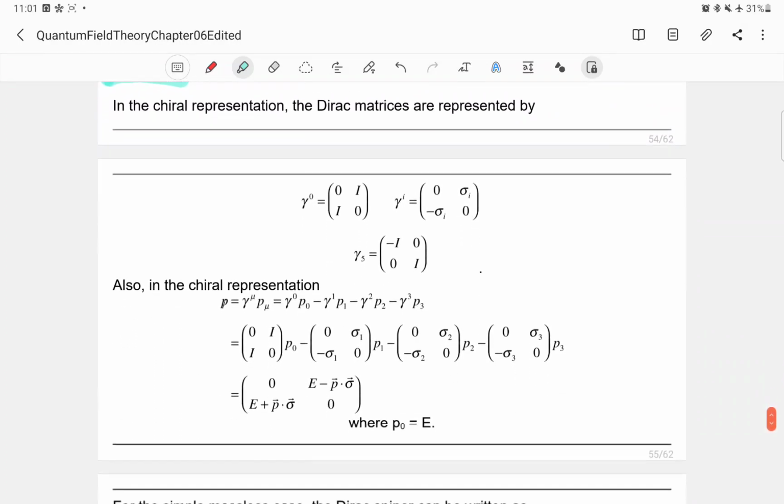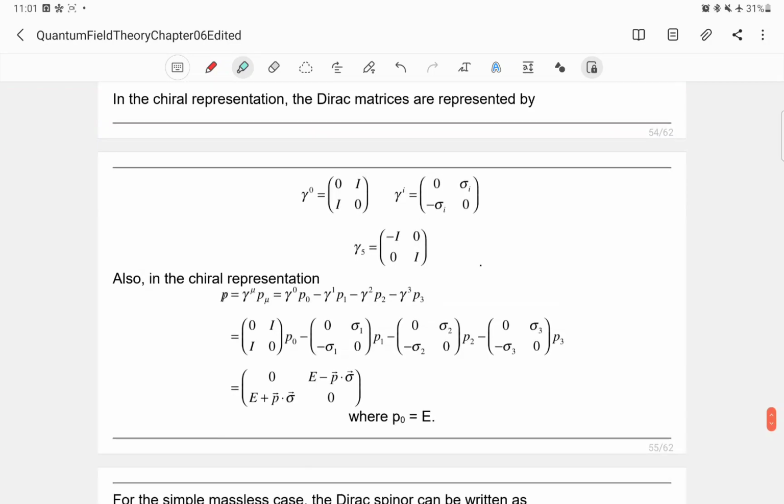In the chiral representation, the Dirac matrices are represented by this. While for the Dirac representation, the Dirac matrices are written differently, but they remain traceless.